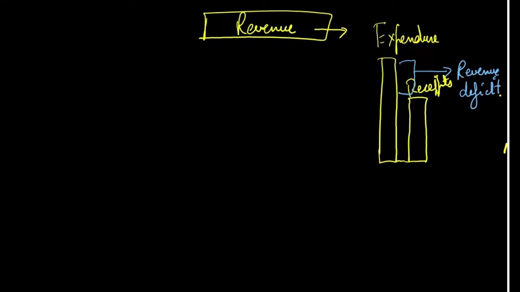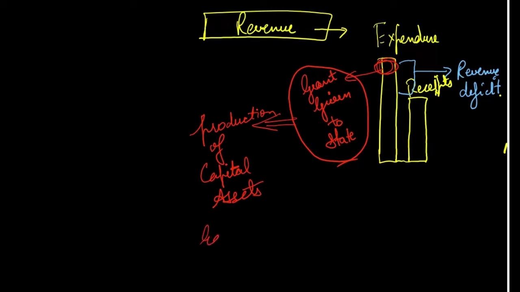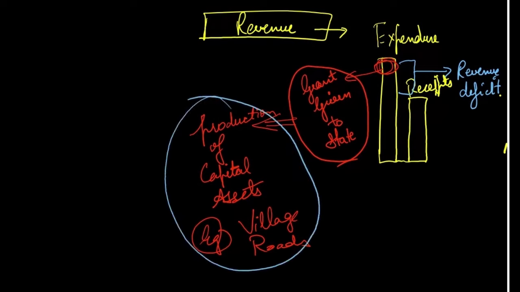But a certain part of the expenditure includes the grant given to states. If this is used by the state in the production of capital assets, for example, village roads, certainly this is not a revenue expenditure, rather it is a capital expenditure.